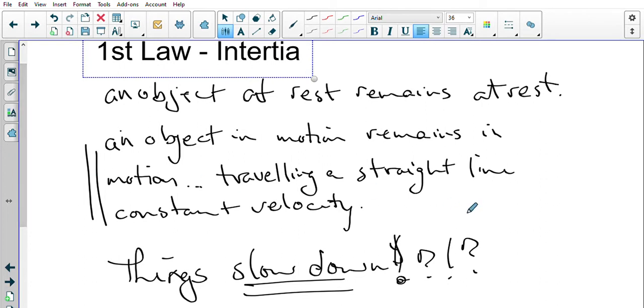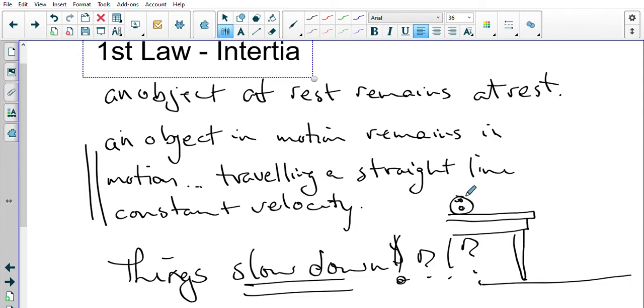Now, I bring to remembrance, because I've done this several times at school, where we have a table and have a bowling ball. It's rolling along the table and it falls off the table. Boom, boom. And then it continues rolling along the floor.